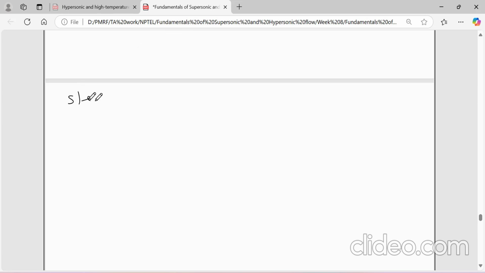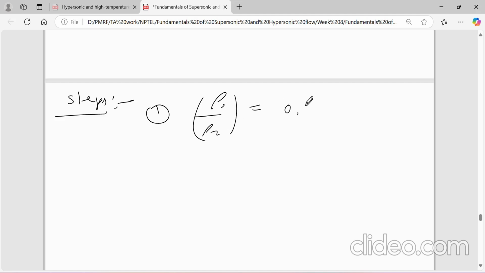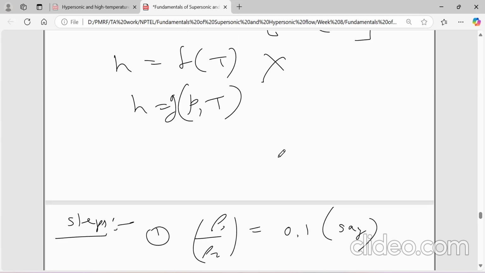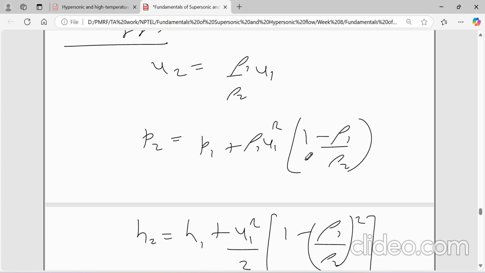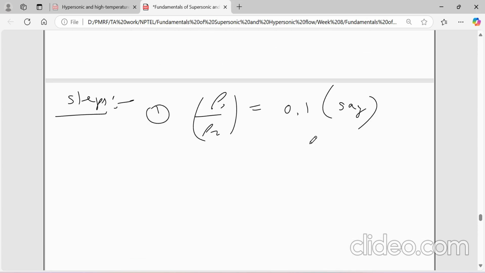So for solving numerically, there are some steps. First, we have to assume a value of rho 1 by rho 2. Let's say we have assumed some value, let's say 0.1. Using this rho 1 by rho 2, we will calculate P2 and H2.